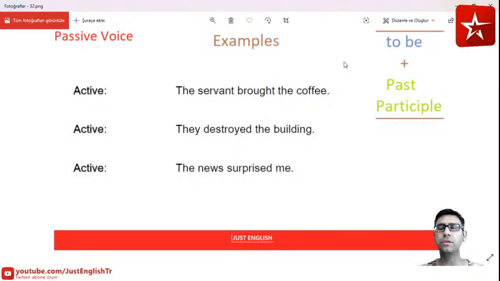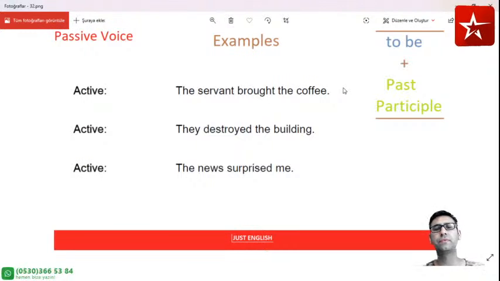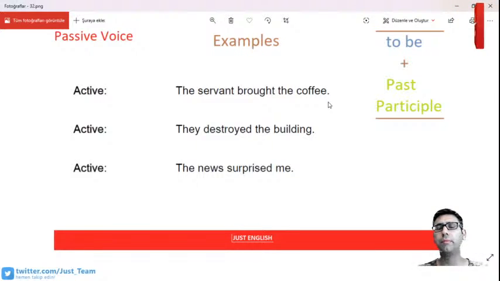So which one should I choose? What do you think? But first, let's find out the subject of the passive voice sentence. It is the coffee. So my passive voice sentence would start with the coffee.